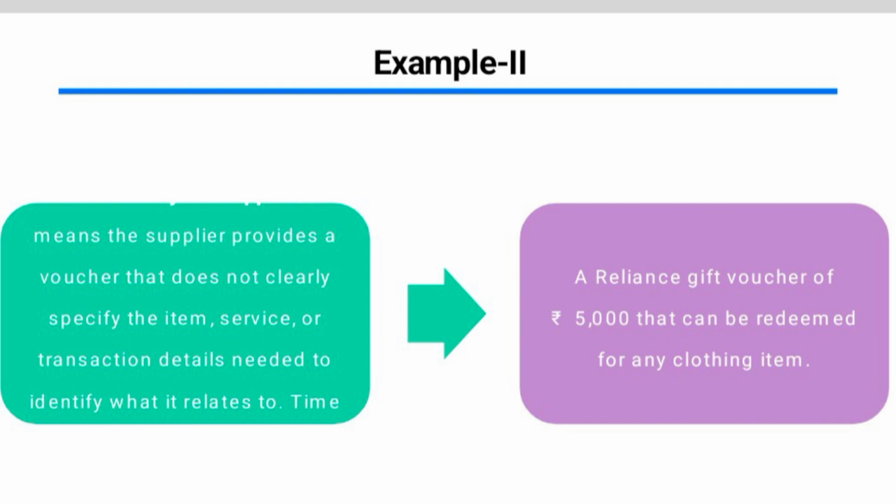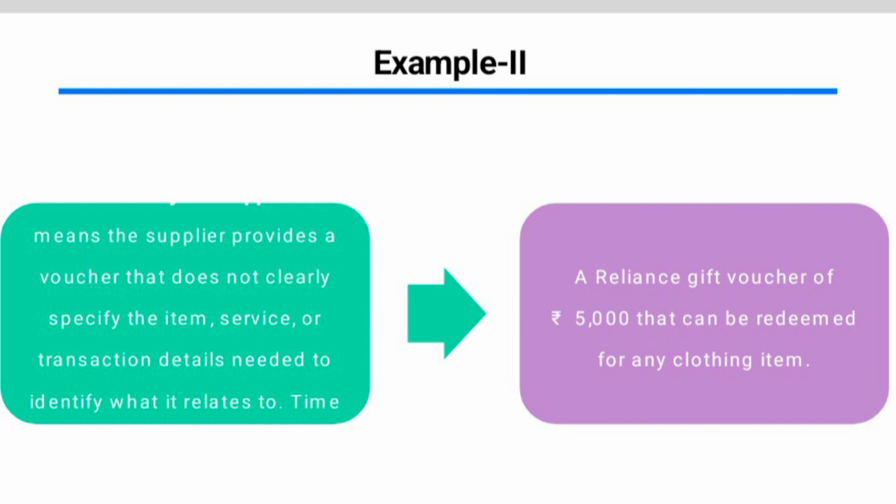Suppose you purchase some item from Reliance and it gives you a gift voucher worth 5,000 redeemable for any clothing items. That means specification is not identified. Here the time of supply will be the date of redemption of the voucher. You may purchase jeans, a shirt, a kurta or a dress for your kids, anything else. So the time of supply is when you redeem the voucher.